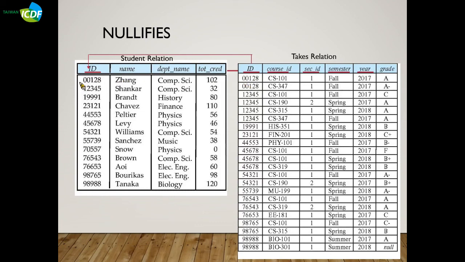For example, if the student with student ID 00128 is deleted, the foreign key values of these two corresponding tuples need to be updated as null values.